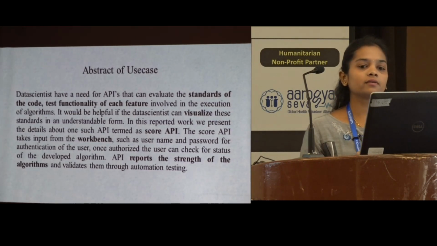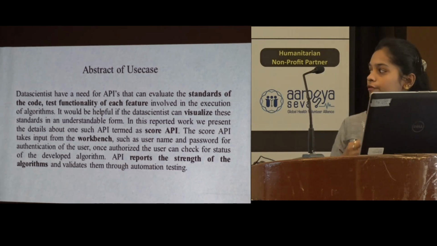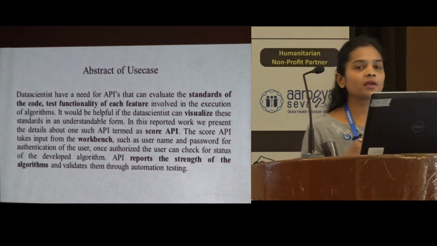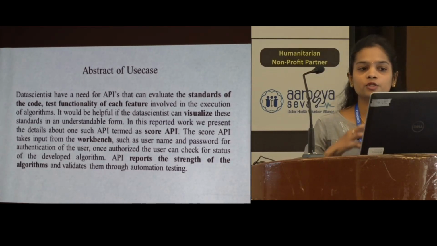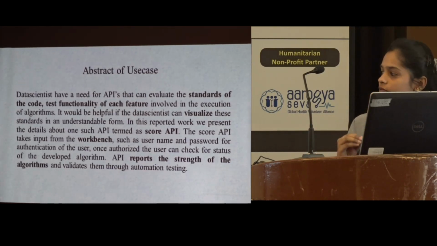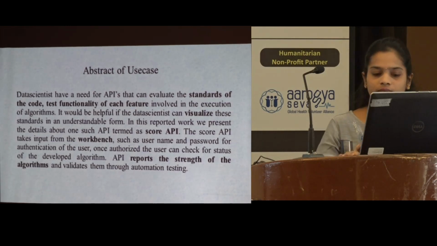What this curl command does is facilitate the transfer of files to or from the server. Simple as that. The prerequisites needed to score a machine learning algorithm will be given as part of these curl commands, which will be an input to the score API.